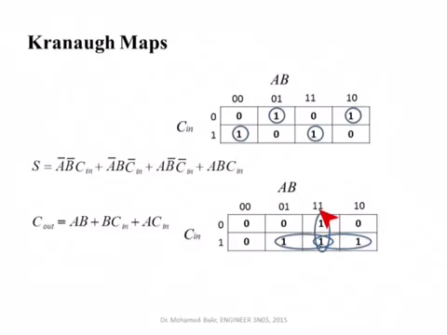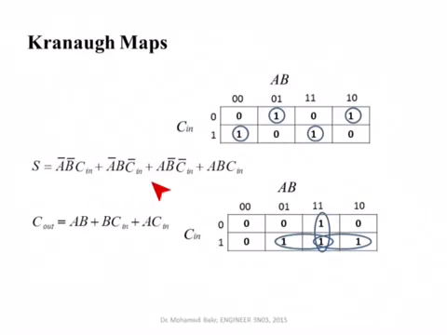Here A and B are 1 regardless of Cn, so the logical expression for this one is AB. The last one is this term here, and this term will give us 1 when A is 1 and Cn is 1 regardless of B. So this expression is simply A Cn. By doing that, we are able to simplify the expression for the C out and for the sum.